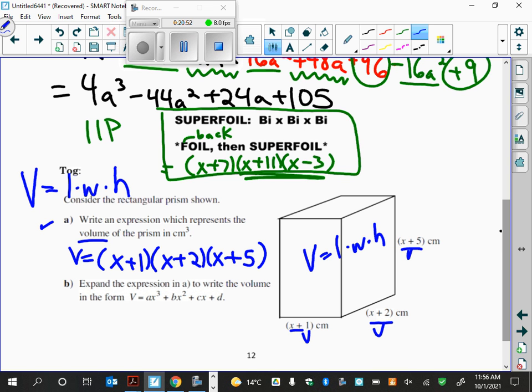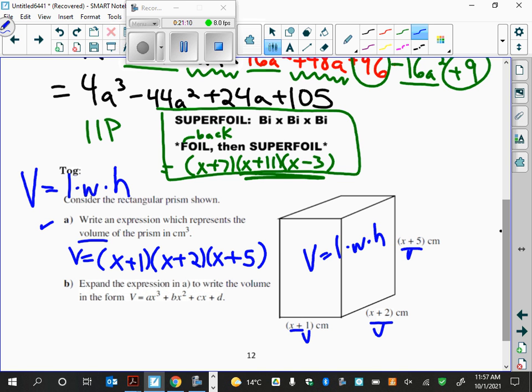I think. Yeah, well, it depends, length and height, right? Depends if it falls over or not. But x plus 5 would be the longest one.